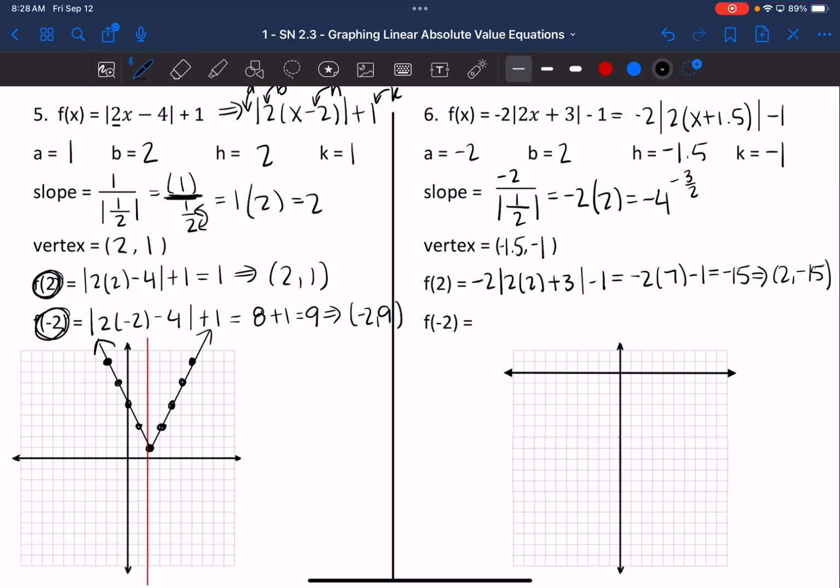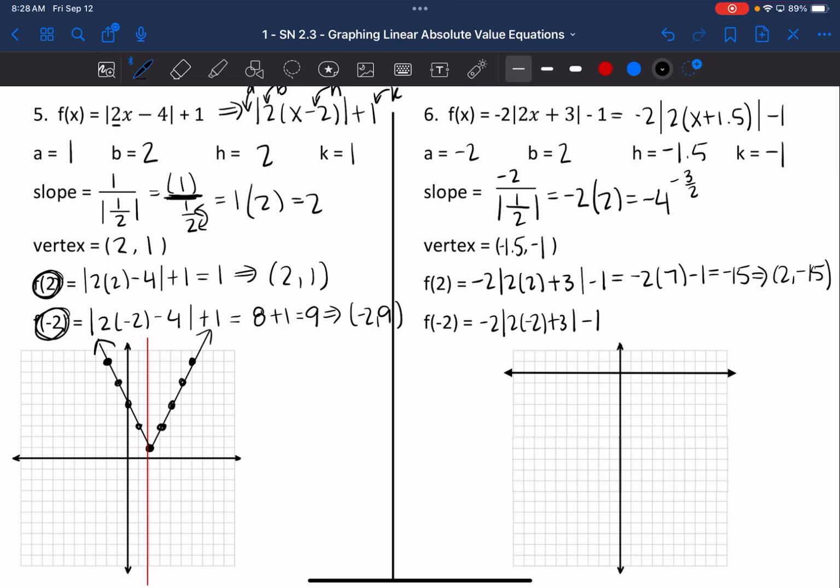All right. And then we've got f of negative 2. So negative 2 times the absolute value of 2 times negative 2 plus 3, minus 1. And what's 2 times negative 2? Negative 4. And what's negative 4 plus 3? Negative 1.